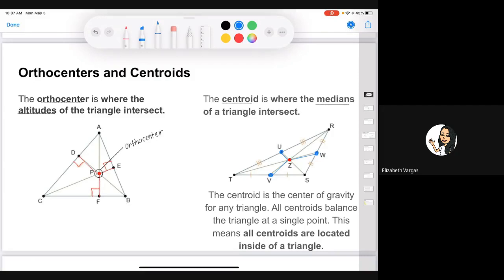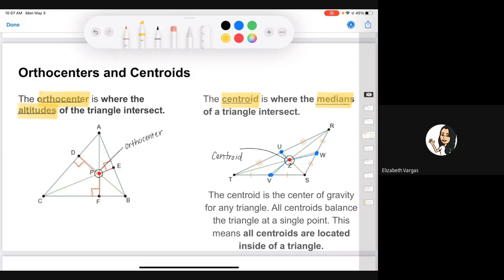U is the midpoint of R and T, W is the midpoint of R and S, and V is the midpoint of T and S. And so that point where the medians intersect is going to be our centroid. Okay, so whenever you think of orthocenter, think of altitudes. Whenever you think of centroids, think of medians.